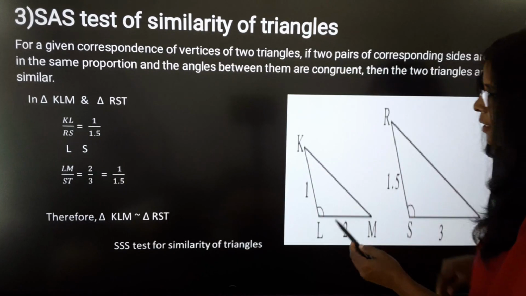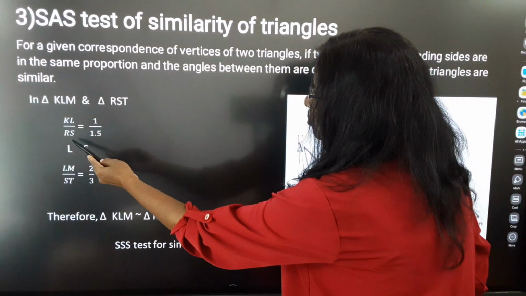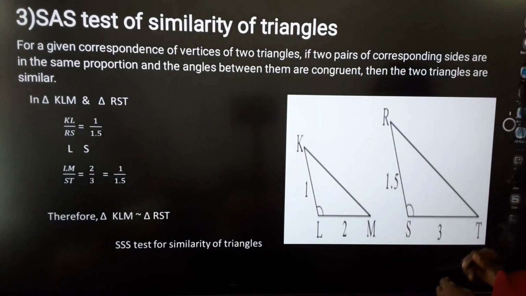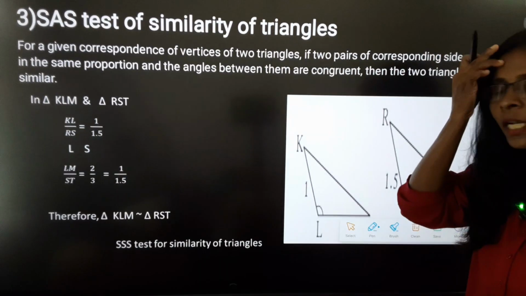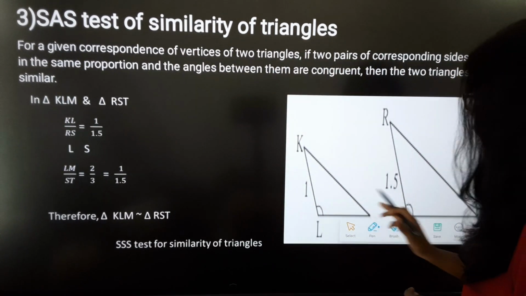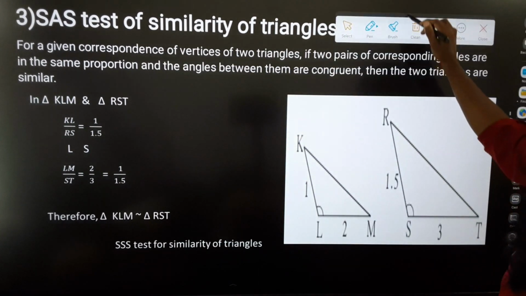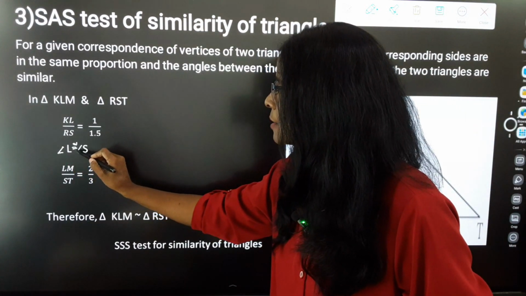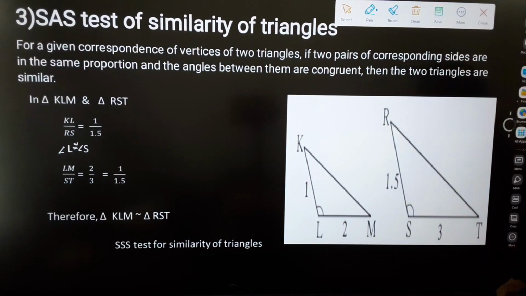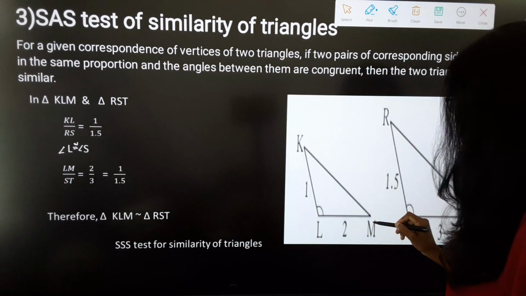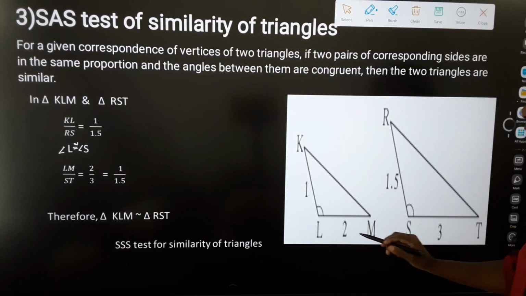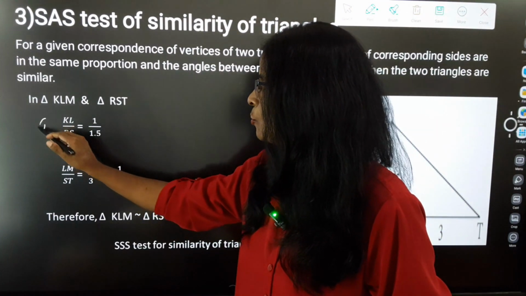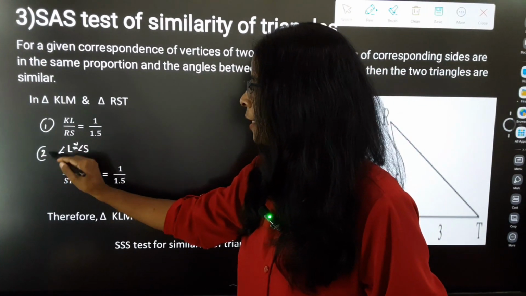Here KL upon RS is equal to 1 upon 1.5, and angle L is congruent to angle S. And then LM upon ST is equal to 2 upon 3, which is nothing but 1 upon 1.5.